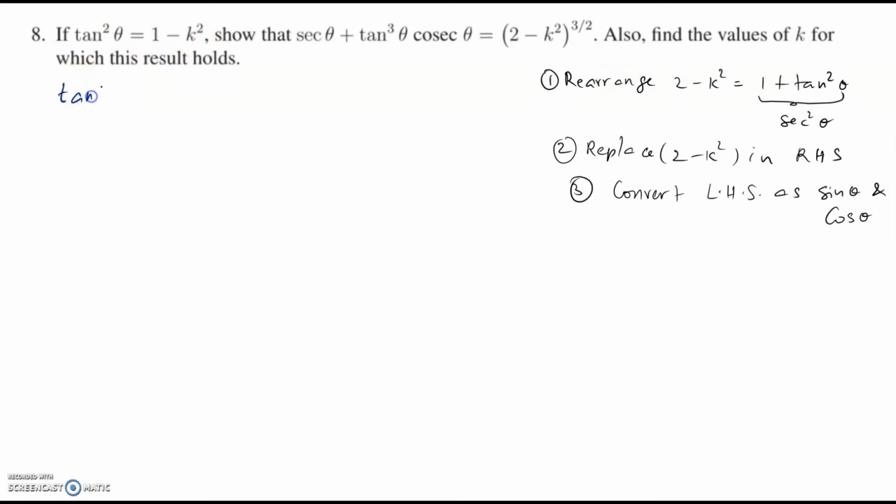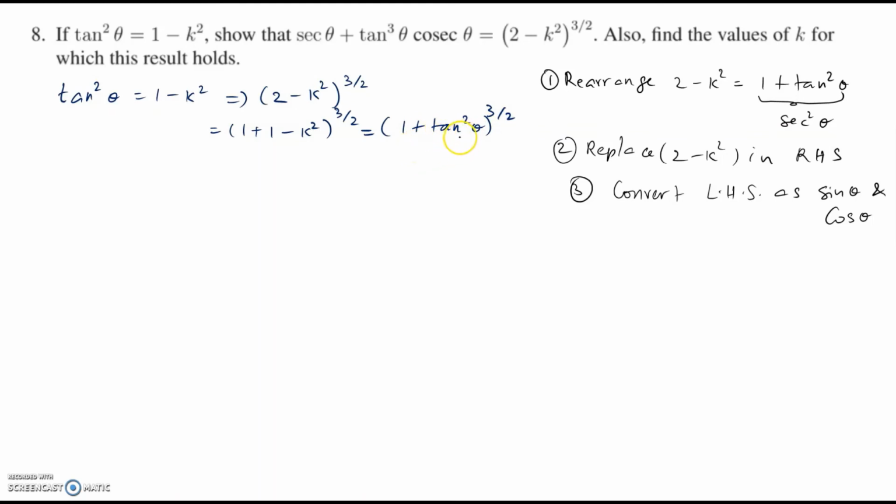We know that tan²θ is equal to 1 - k². Therefore, (2 - k²)^(3/2) can be written as (1 + 1 - k²)^(3/2). So 1 - k² is tan²θ. So this will be (1 + tan²θ)^(3/2).